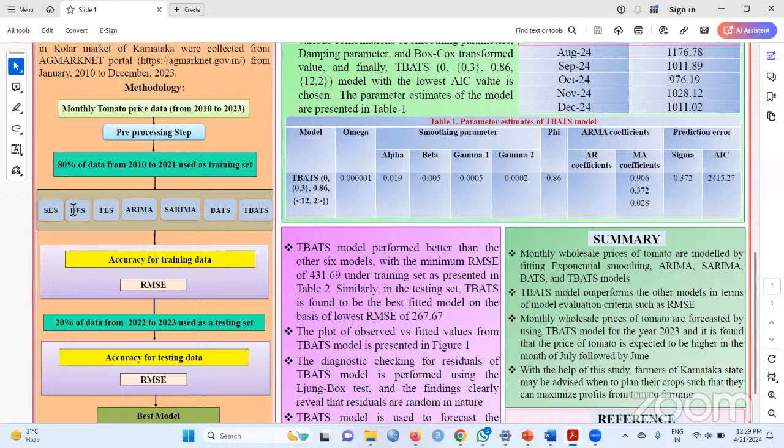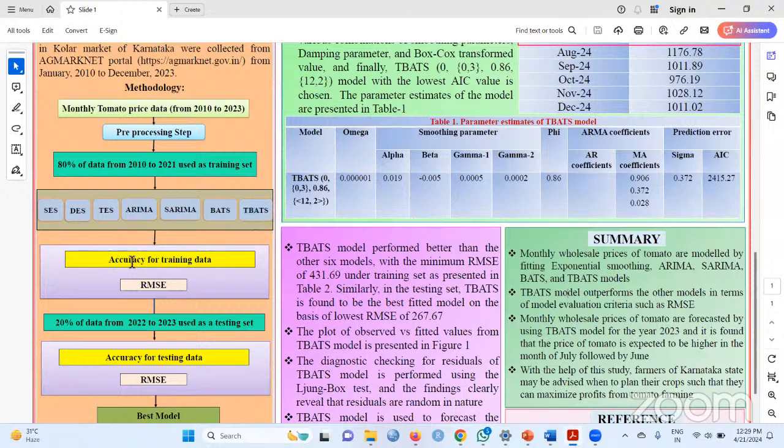The 7 models are as follows: simple exponential smoothing, double exponential smoothing, triple exponential smoothing, autoregressive integrated moving average, that is ARIMA, seasonal ARIMA, BATS and T-BATS, where B represents Box-Cox transformation, A represents ARIMA, T represents trend, and S represents seasonality, whereas T-BATS represents trigonometric seasonality.